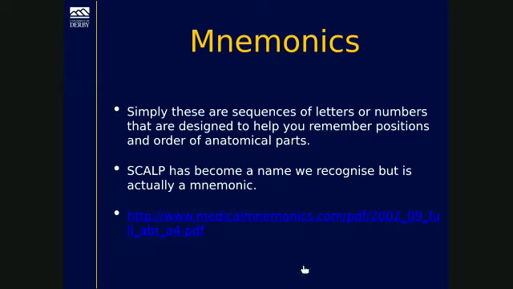Mnemonics. These are sequences of letters or numbers designed to help you. Scalp has become a name we recognize, but it's actually a mnemonic. And there are whole pages to do with mnemonics. If you go online, this website's available through a link, and you can look at that.